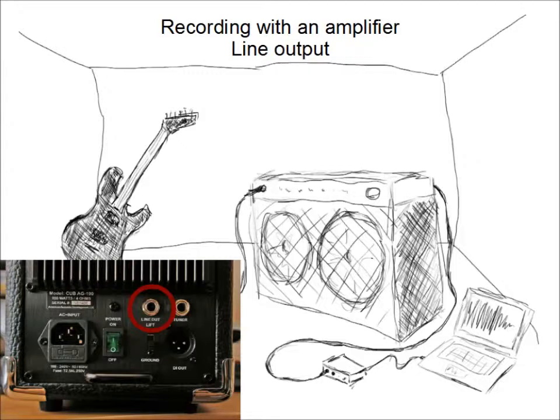We should just remember that the signal generated by the line output is not really the same signal that we hear from the amplifier cabinets, because it's only the pre-amplified signal with whatever processing that our amplifier offers, and it lacks the sound that the actual amplifier and the cabinets bring.